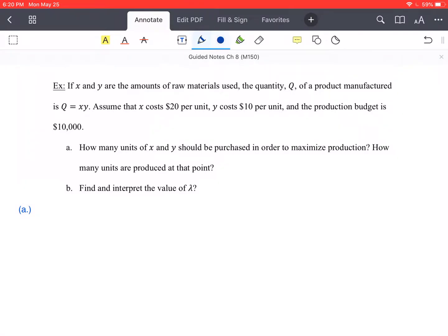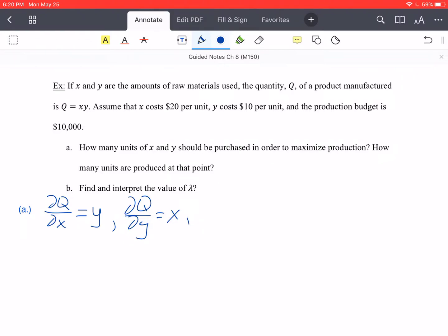I'm just going to use q. So the partial of q with respect to x is just going to be y, because it's x times y, but if y is the constant, the derivative of x is 1 times what's left over, which is y. And then the partial with respect to y is just x for the same reason.